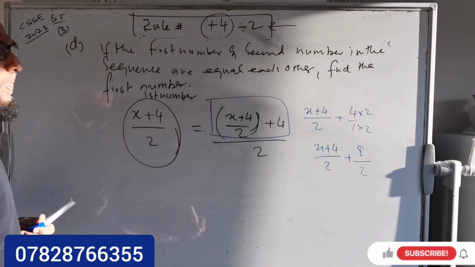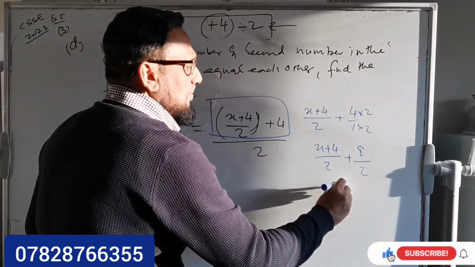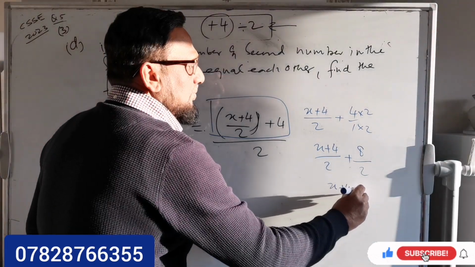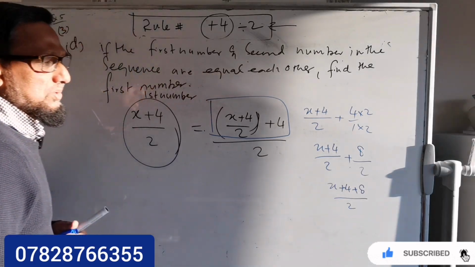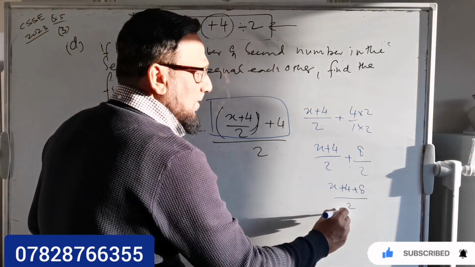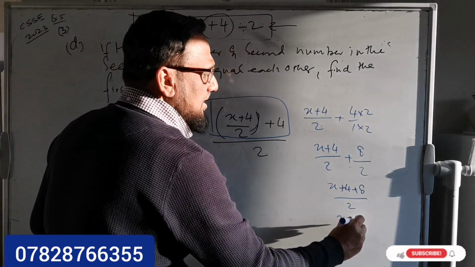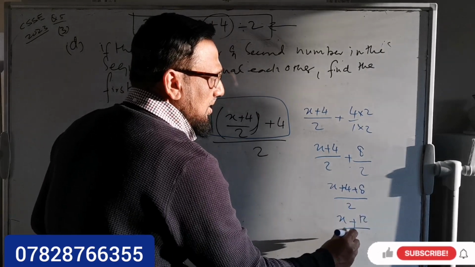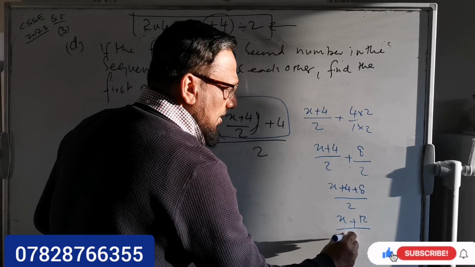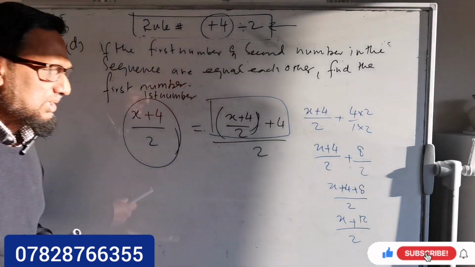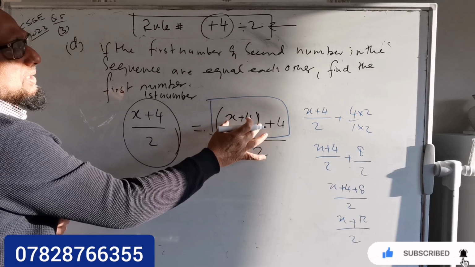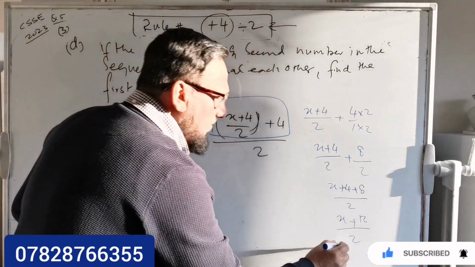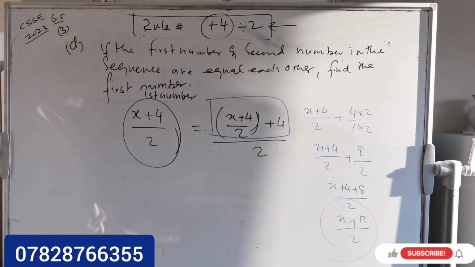So now x plus 4 plus 8 divided by 2. We can simplify: x plus 4 plus 8 is x plus 12, divided by 2.